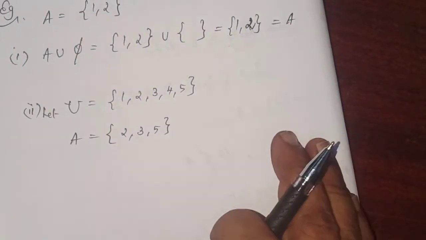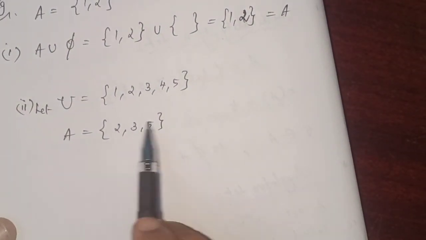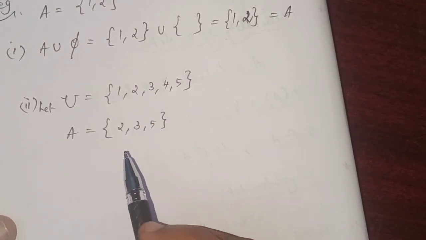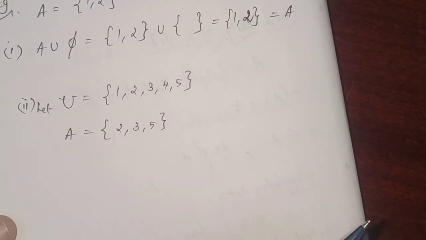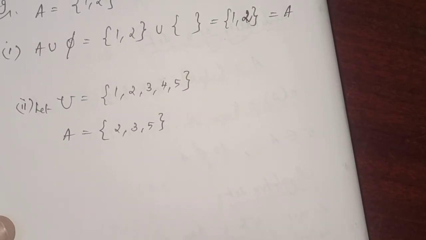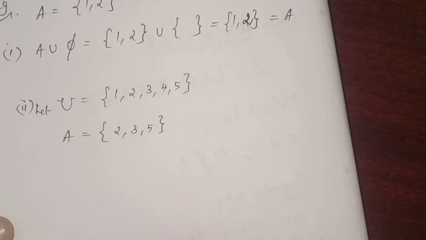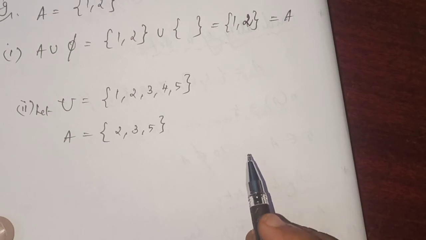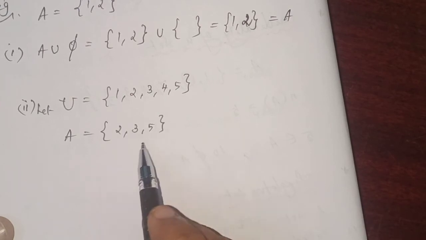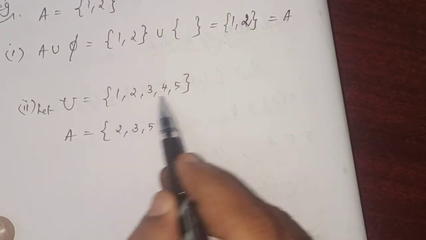All the elements of A must be in the universal set. For example, one more example I can give: the set of all students of your class is a universal set. I consider set A as the set of all girls in our class, the students of our class only. Like that. Here 2, 3, 5 are the elements, and all 3 elements must be in the universal set.